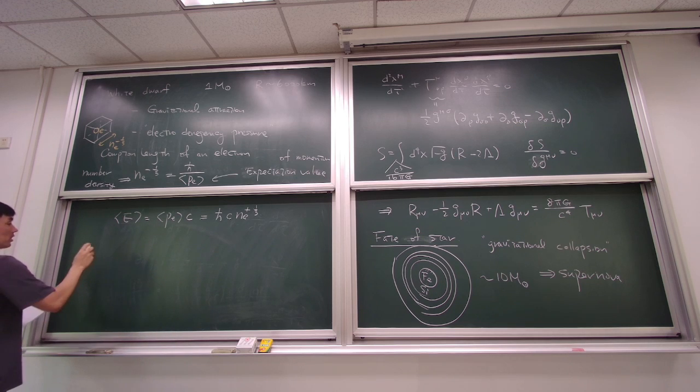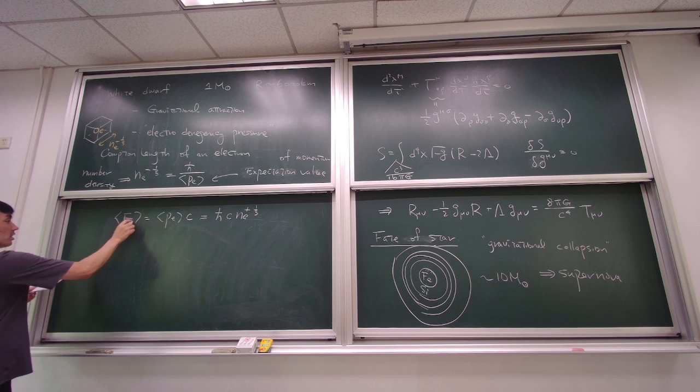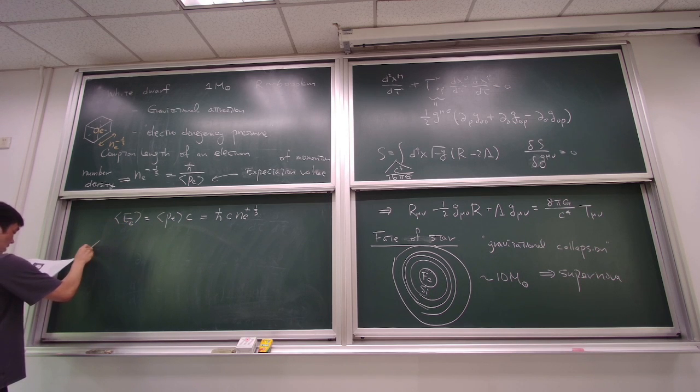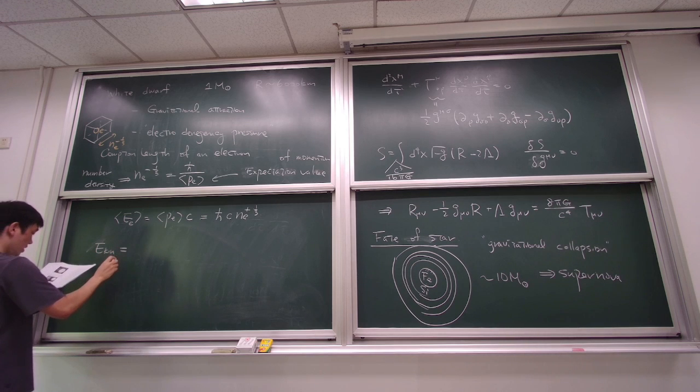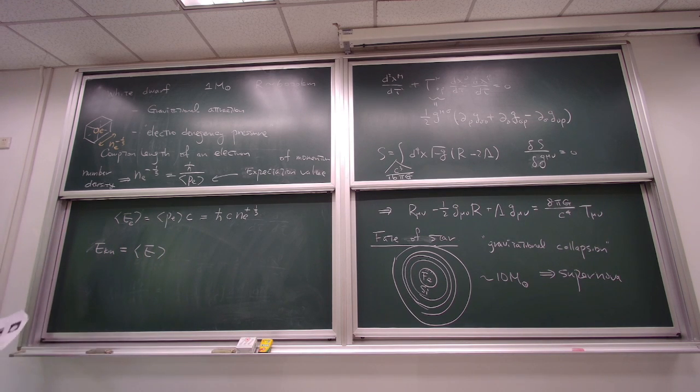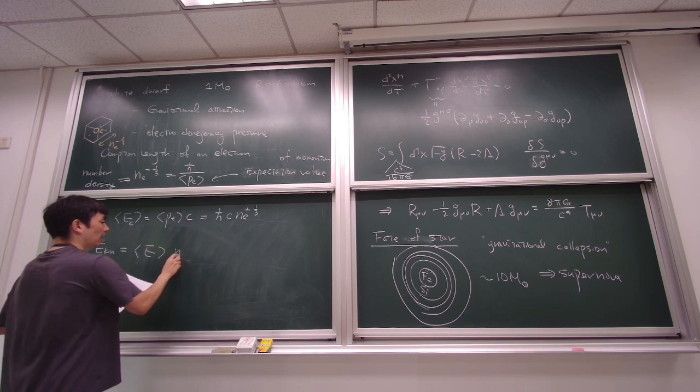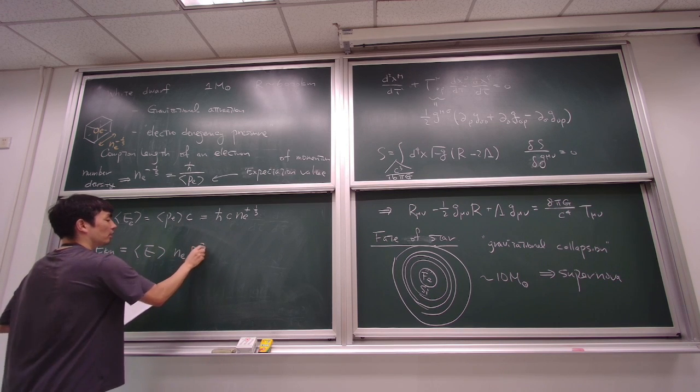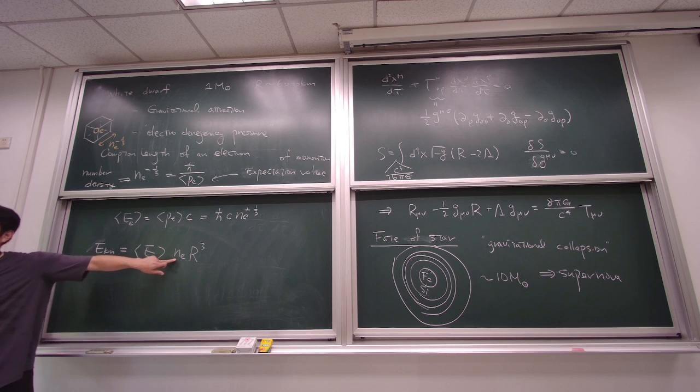And we know that in the star, the kinetic energy E of the star is, each electron has this average energy. And we know that the number of electrons is the number density times R cubed.